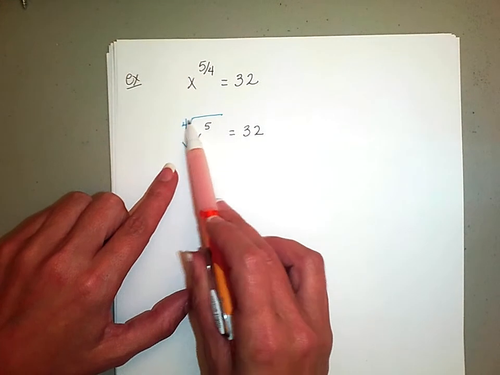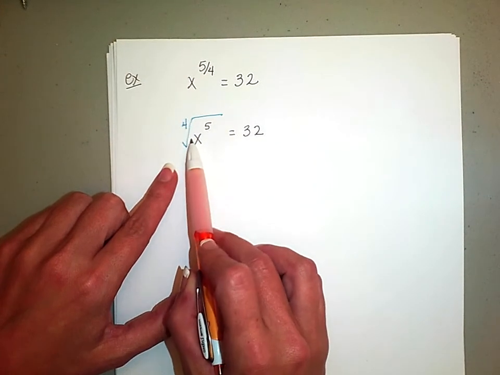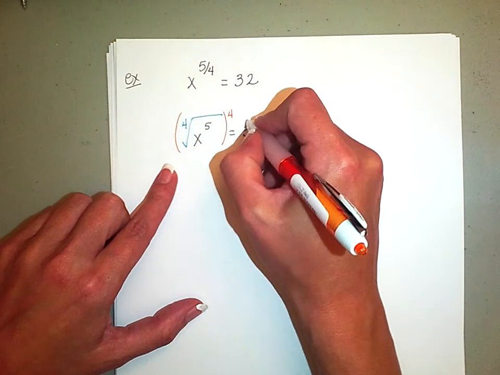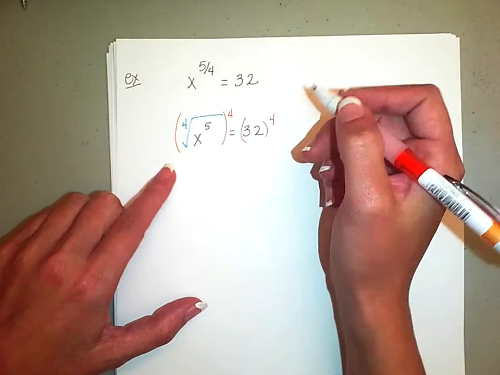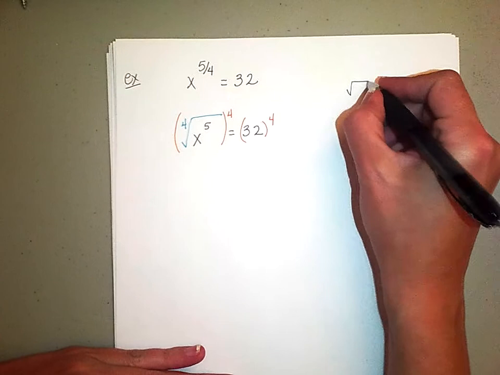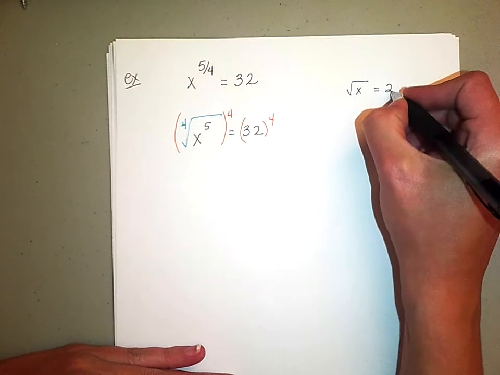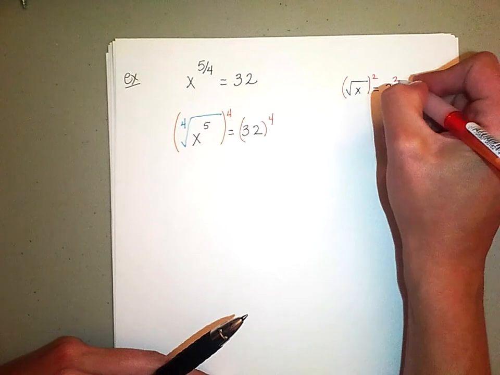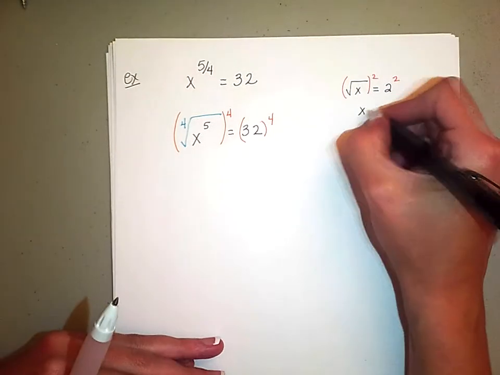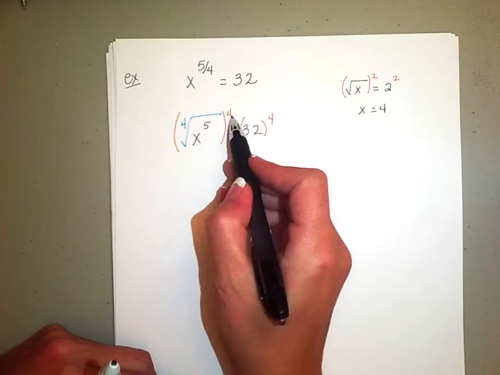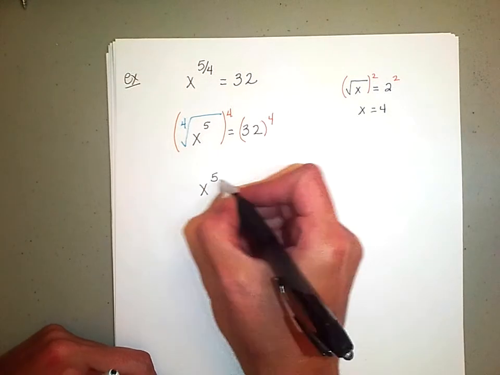Okay? So to get to x, right now it's underneath this 4th root. But the way I can undo the 4th root is that I can raise it to the 4th power. Just like, for example, if we were solving the square root of x is equal to 2, what I could do is I could square it on both sides to get x is equal to 4. Okay? So that's what I'm going to do here. And the 4th root and the 4 will cancel, leaving just x to the 5th.